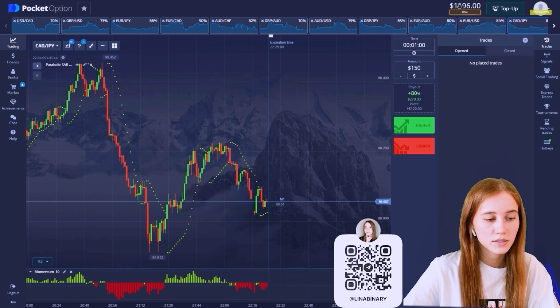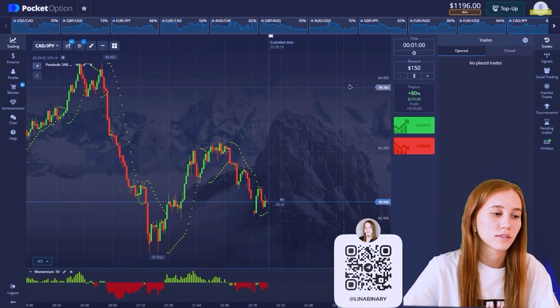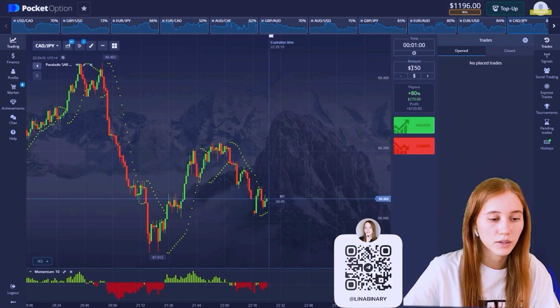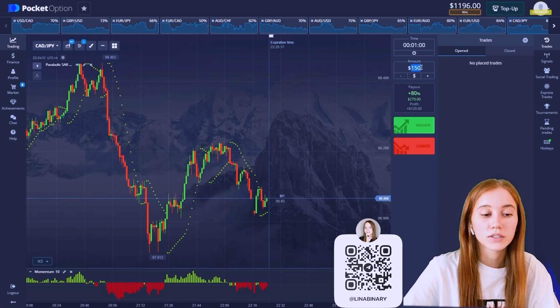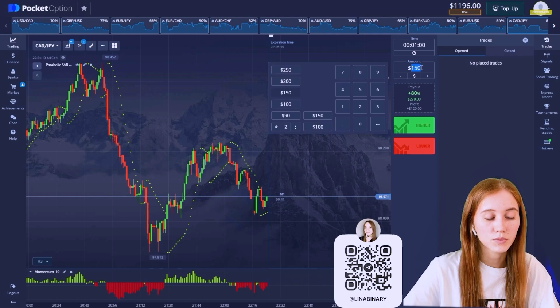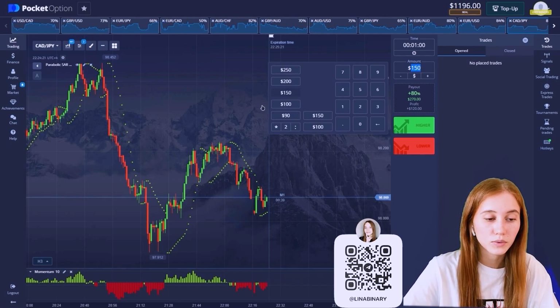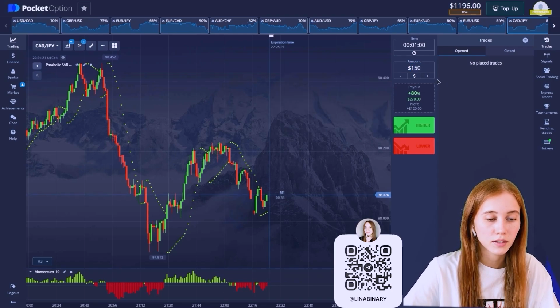So on my balance we see $1,196. The amount of deals was $150, except for the first deal, it was $100. Then we increased it.